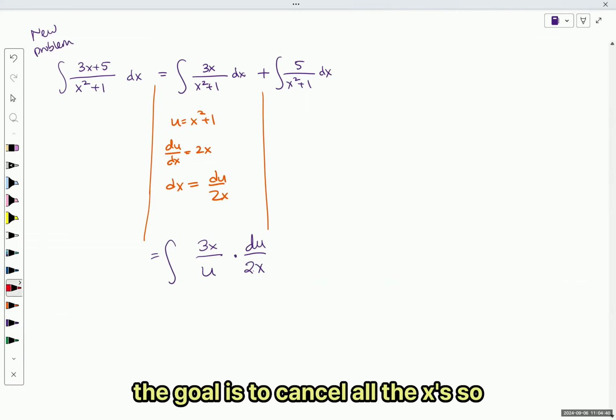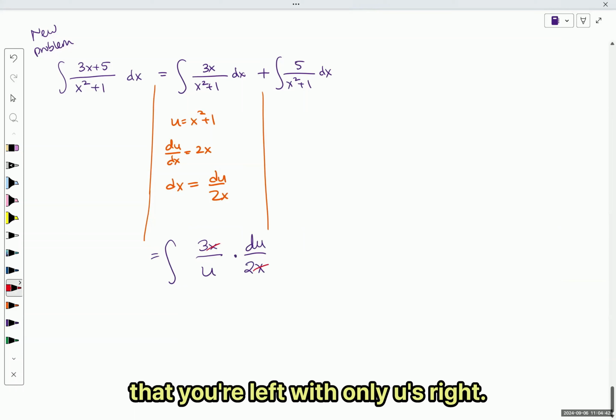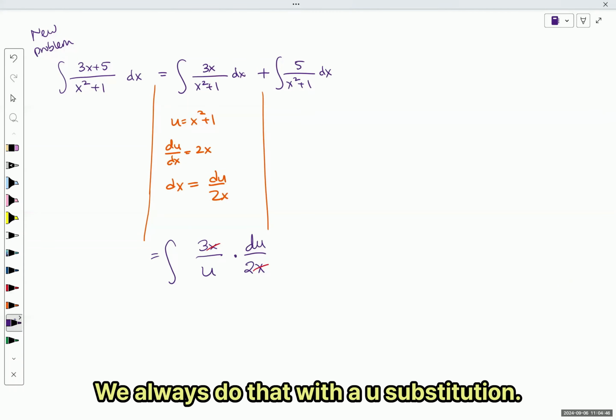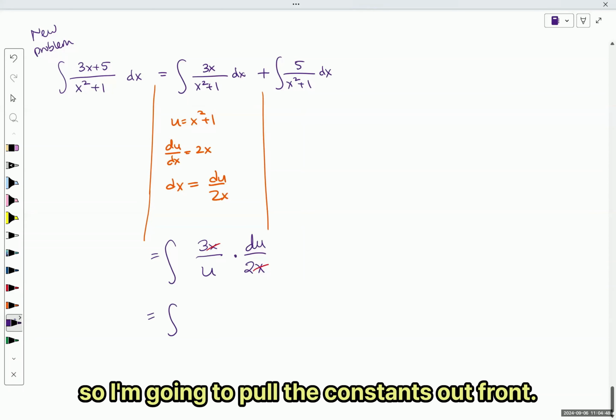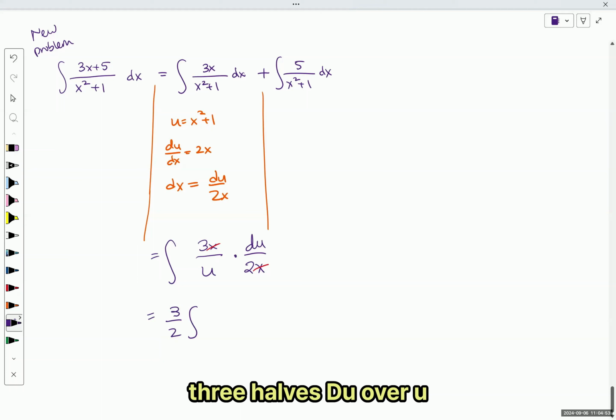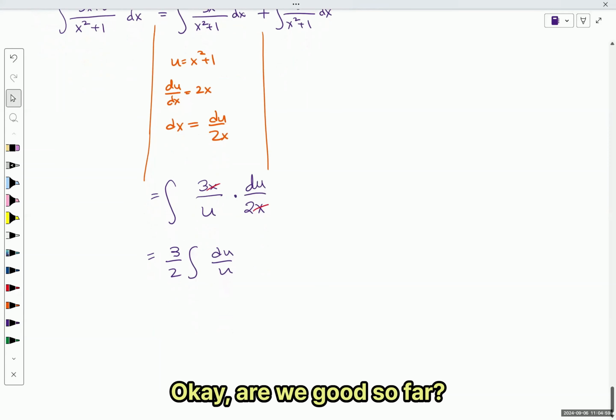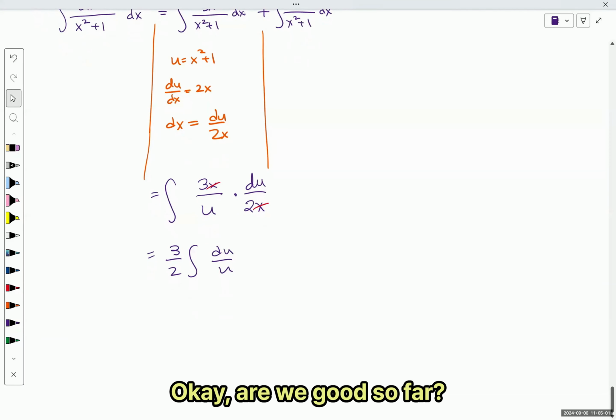And the goal is to cancel all the x's so that you're left with only u's. We always do that with a u substitution. So I'm going to pull the constants out front. 3 halves du over u. Okay. Are we good so far?